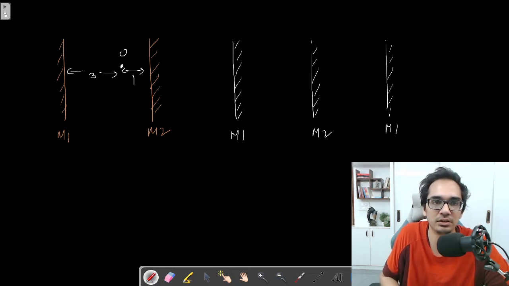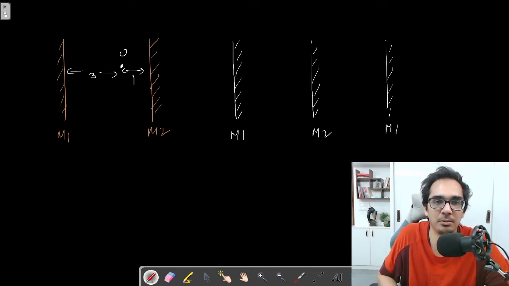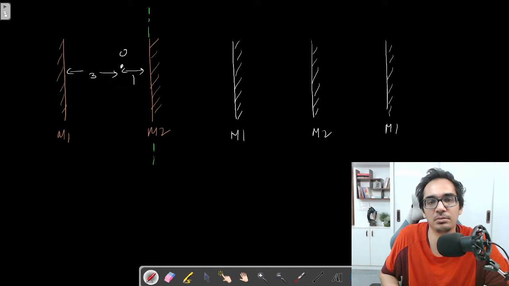Now just see, now the question is very simple. Object distance is equal to image distance. So this is the mirror M2 and we have to find the distance of all the images from M2. So now the first image, this object distance is 1. So the first image, direct image, will be here, formed at 1 centimeter. Now this will be 3.